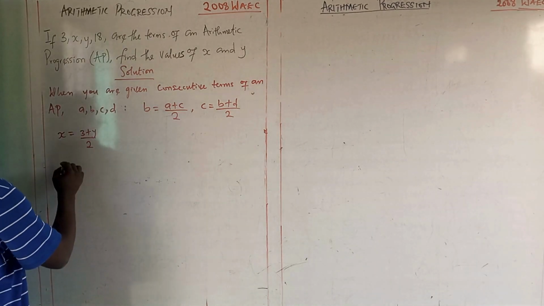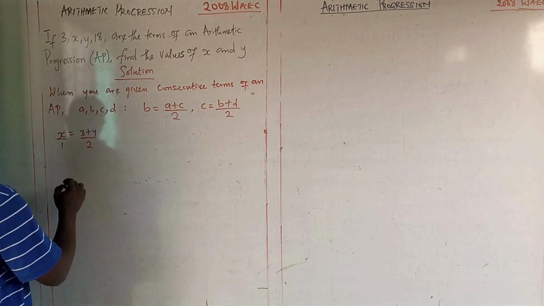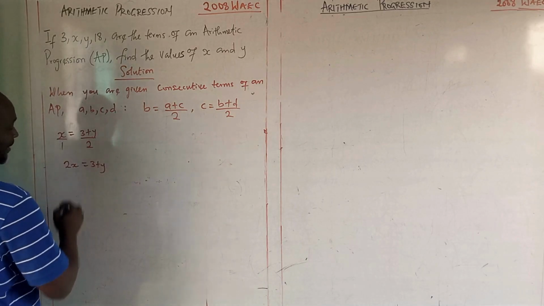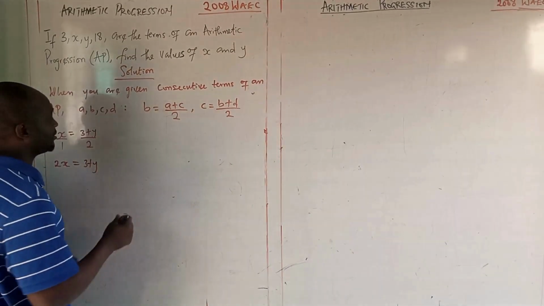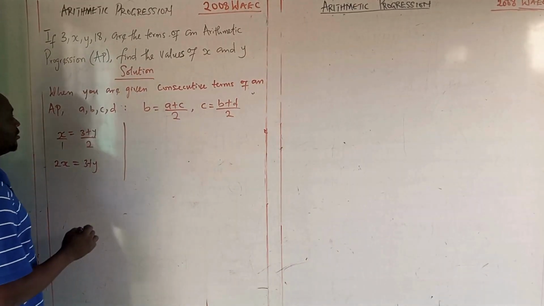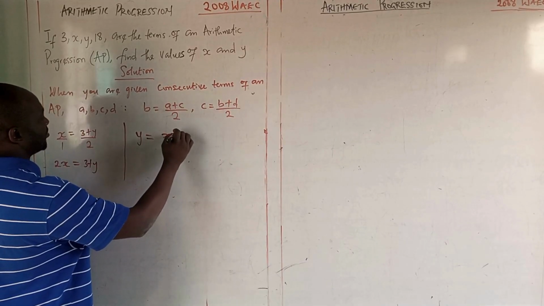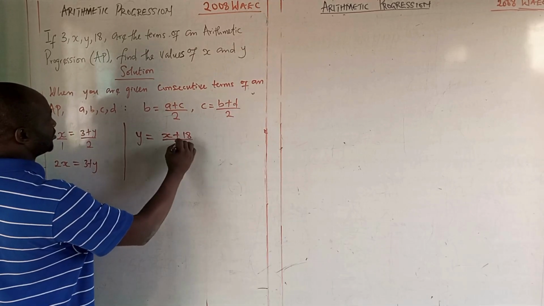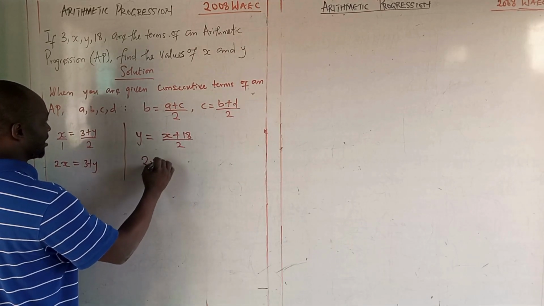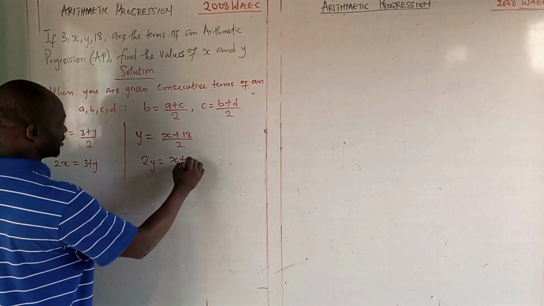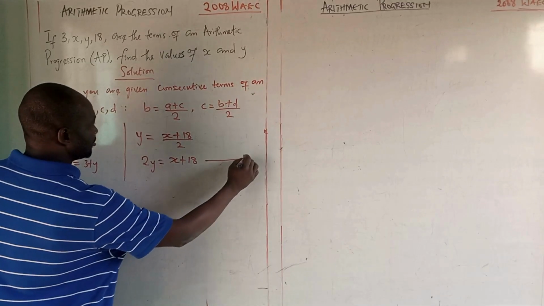Now, if we cross multiply, 2x equals 3 plus y. If we do the same with y, we see that y equals (x plus 18) over 2. That means 2y equals x plus 18. Equation 2.